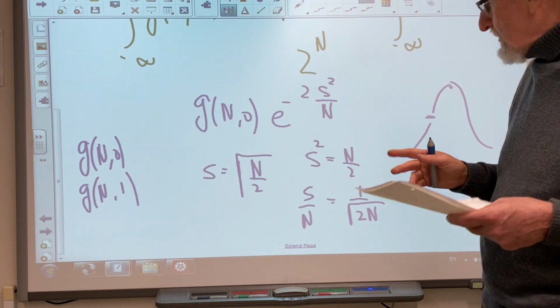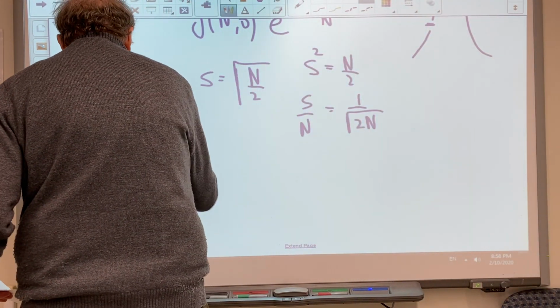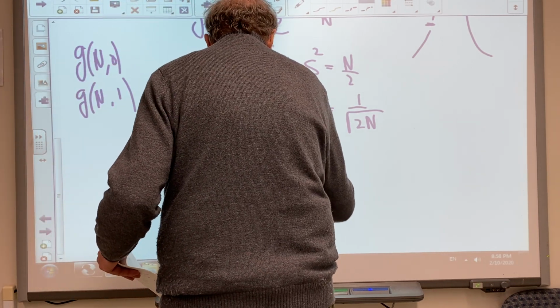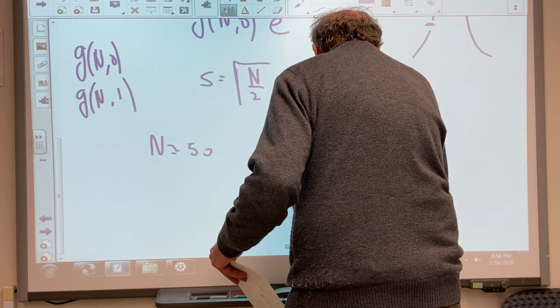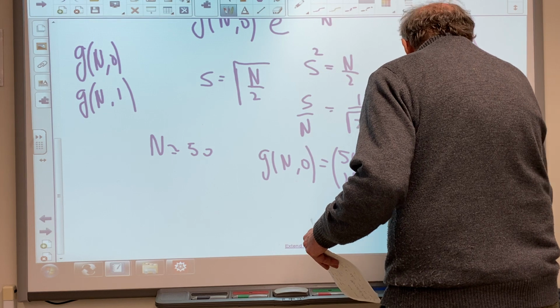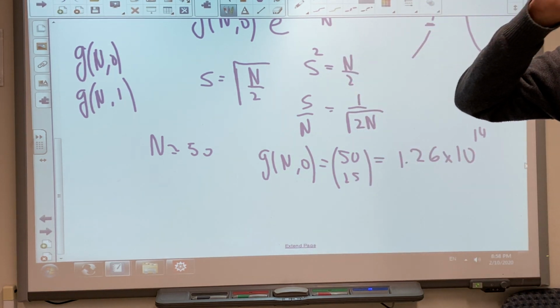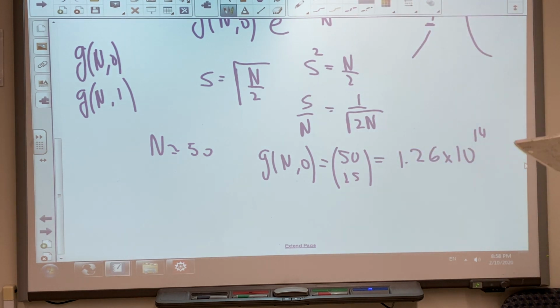Because imagine, let's continue the case when we were saying that n was of the order 50. And we said that G of n0, which is the combinatorial 50 choose 25, was around 1.26 times 10 to the 14. And I am doing n equals 50, not n equals a gazillion. Already it's a big number.